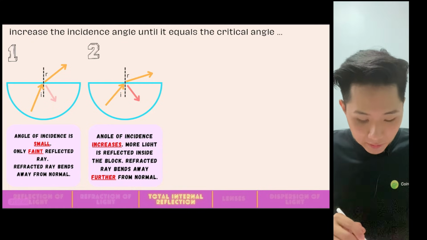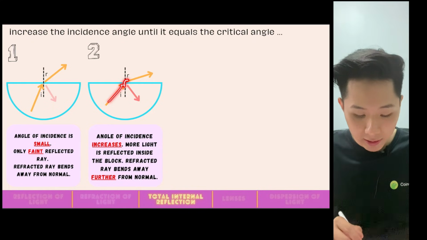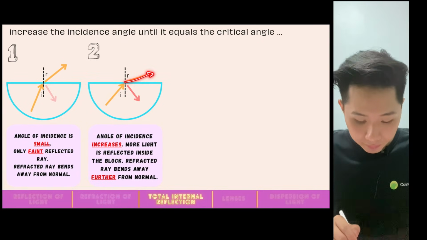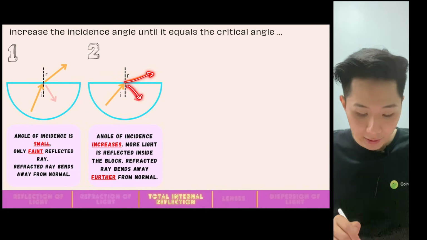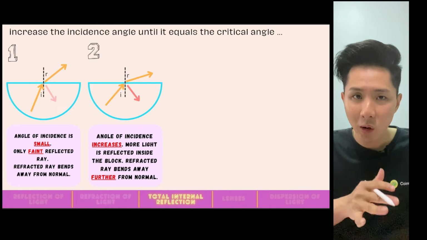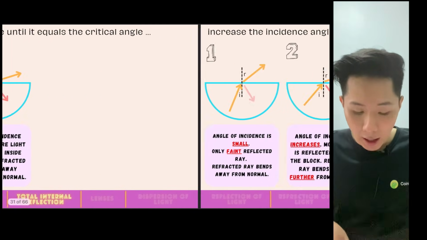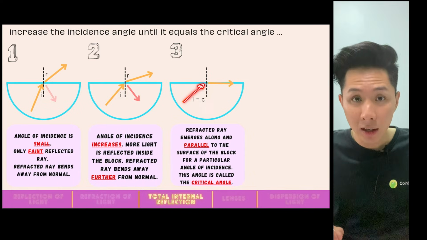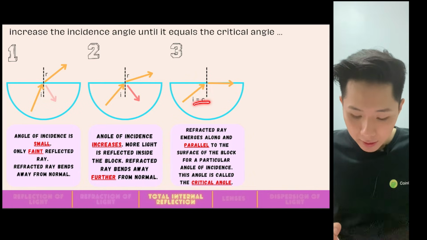When the angle of incidence increases, the refracted angle, because it is bending away from the normal, will bend even further from the normal. The reflected light here will start to get stronger and stronger until we increase the incident angle to the critical angle.